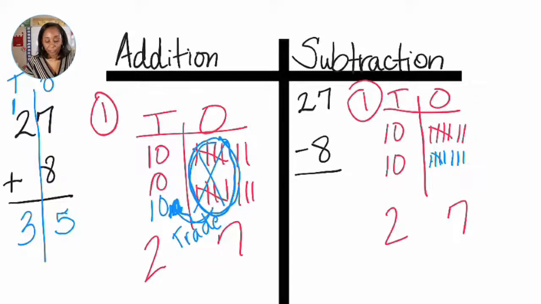So what we have to do here is take a 10 and regroup it. So notice it is doing the opposite of what addition does. Addition moves it to the left. Subtraction moves it to the right.